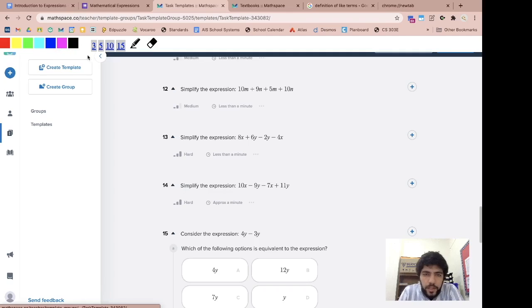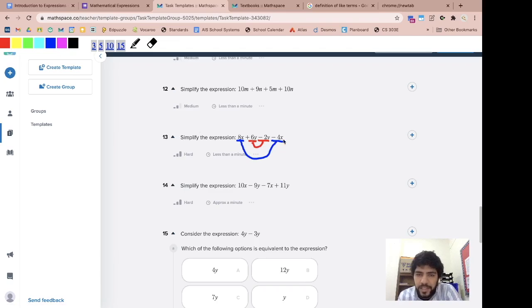I'm going to mark the like terms with a line. So 8x, the only thing like the 8x here is the negative 4x. So those are the same. And then moving on to the 6y, the only thing like it is the negative 2y. So I can combine the 2 red ones, and I can combine the 2 blue terms.